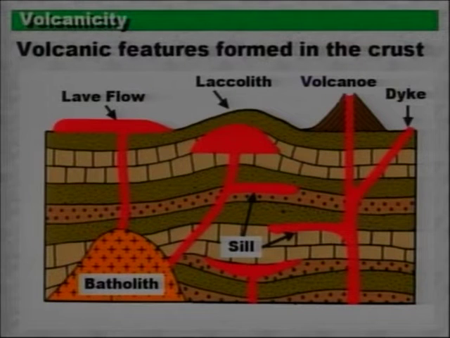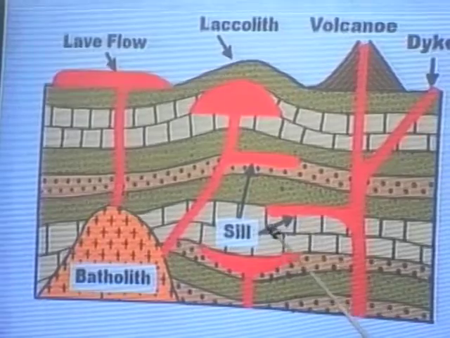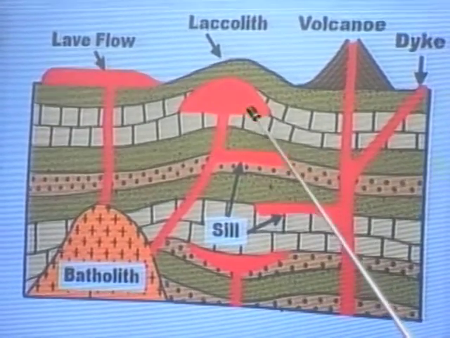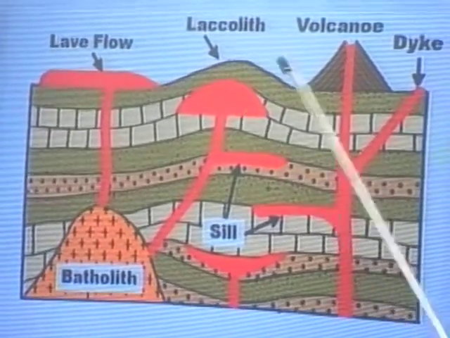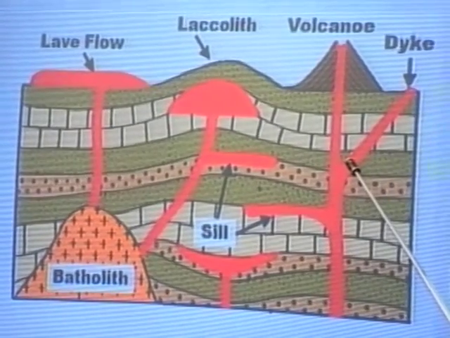The different intrusive features are the batholith, one of those intrusive features formed as a result of volcanic activities but intrusive; formation of sills; formation of laccoliths; and formation of dikes. Those were the four features we looked at.